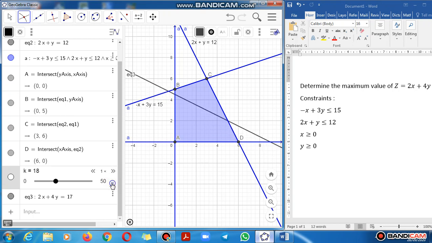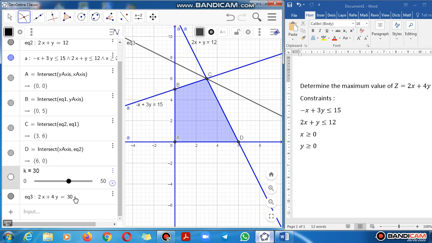Next, at the point B (0, 5), we get the value of the objective function is equal to 12. And then at the point C (3, 6), we get the value of the objective function is equal to 30.